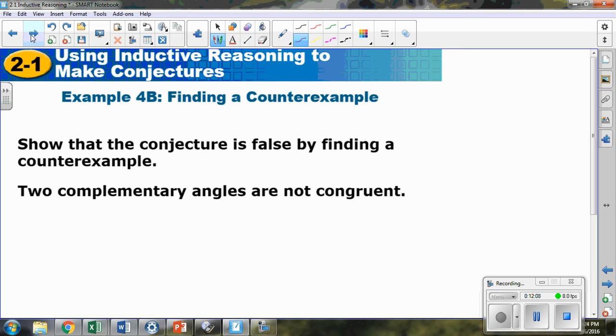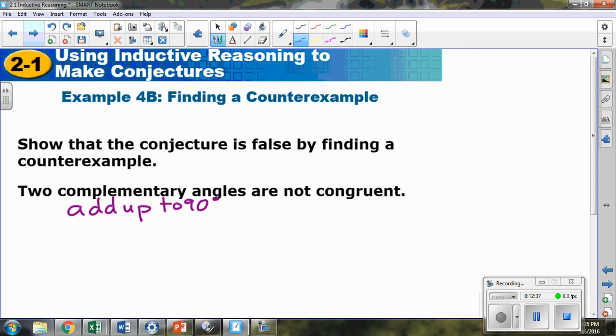What about here? Two complementary angles are not congruent. What kind of an example could we come up with that shows that this is false? Well, we have to start by saying what is complementary. And you've got it. Complementary means that the angles add up or they sum to 90 degrees.